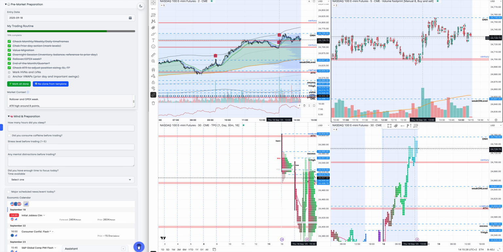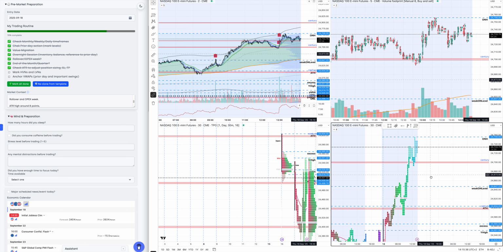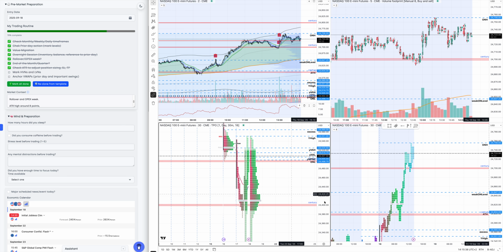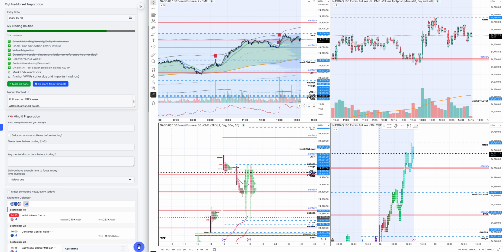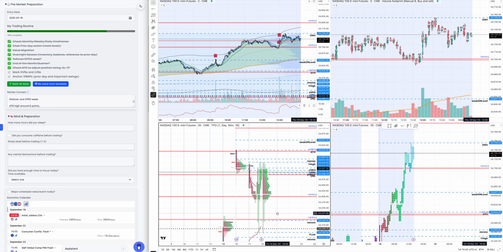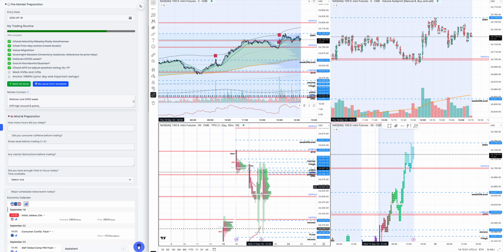Footprint shows a lot of volume at the high, an impulse that tried to keep the price there. Then we have the RTH session. It looks not perfectly like a P shape, which in terms of auction market theory means short covering, right?